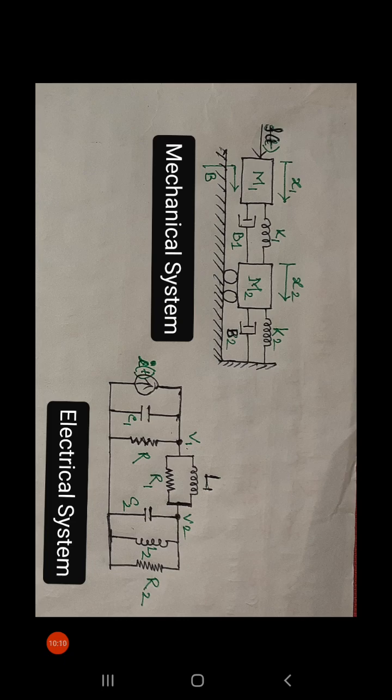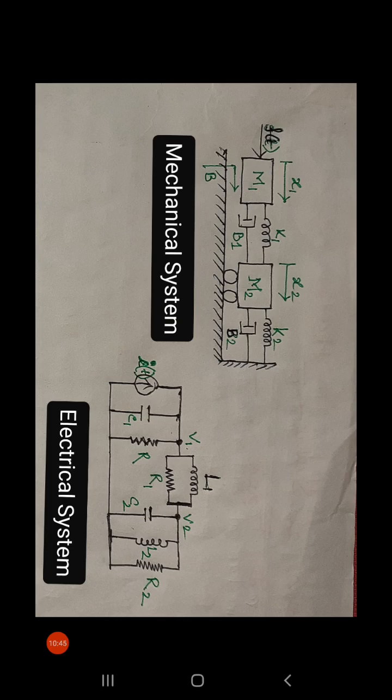And for the same node, another friction coefficient B is there, and this B is only related to mass M1. When we see friction coefficient, we need to take resistance, so for the same node, resistance R is connected to V1.